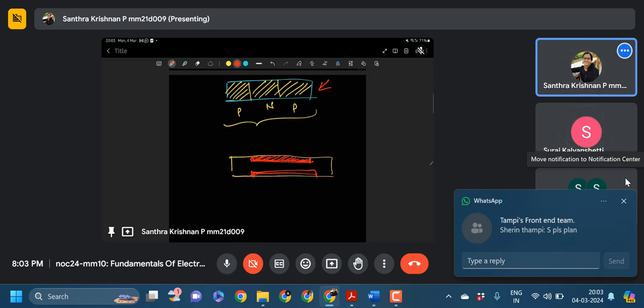So if a descriptive question comes up on how you can differentiate between BJTs and JFETs based on manufacturing, you can say that in BJTs there are distinct regions in the absence of an external field, but that is not the case for a JFET.